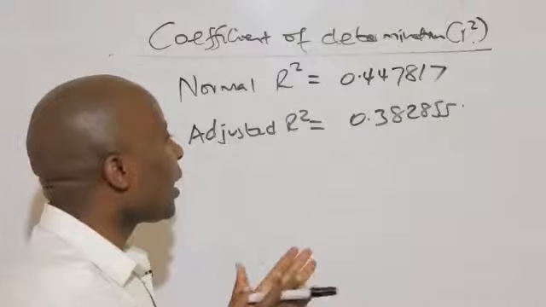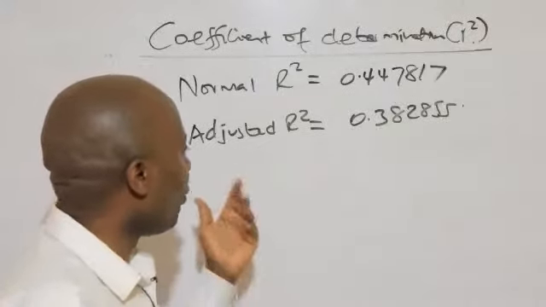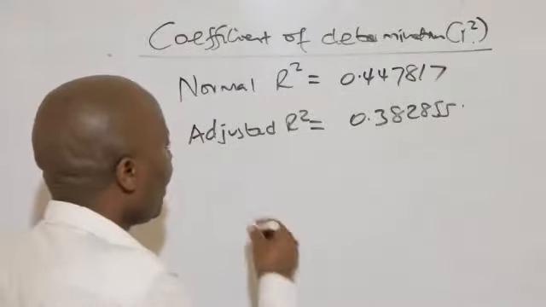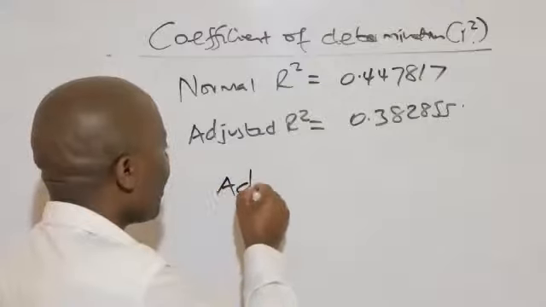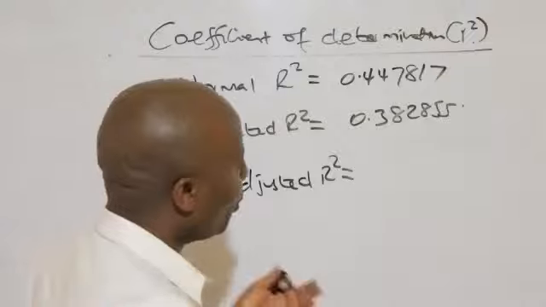Now, luckily, you guys are not required to even memorize the formula of getting adjusted R squared. However, just out of curiosity, if I wanted to get this adjusted R squared, what should I do?